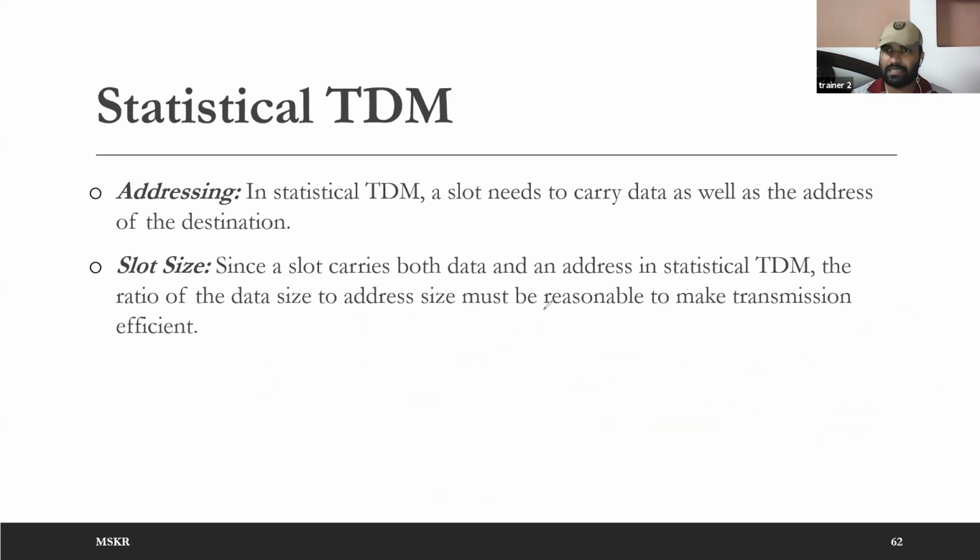It must be reasonable between how many bits you are sending as information and how many bits you are sending as slot size, address. And here, as I said, since you are using asynchronous TDM, there is no need for adding synchronous bits.